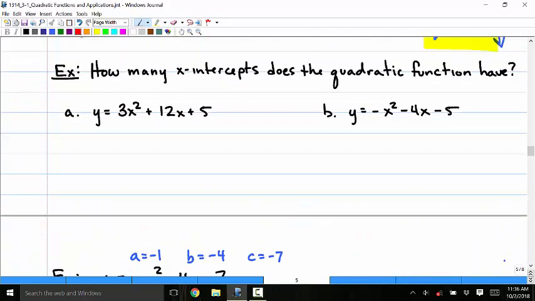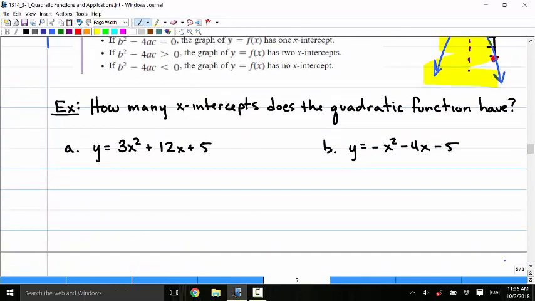Okay, let's go back up to these two examples. How many x-intercepts does this quadratic function have? Y equals 3x squared plus 12x plus 5. Before we start, what is A? 3. What is B? 12. And what is C? So I need to go look at b squared minus 4ac.